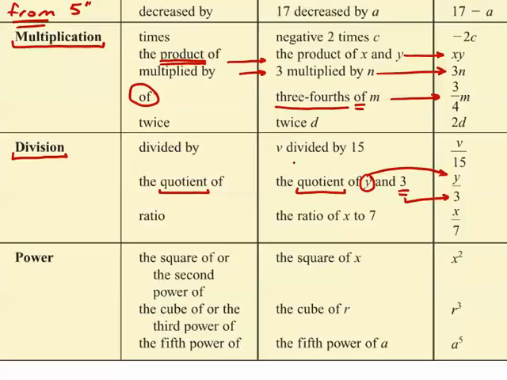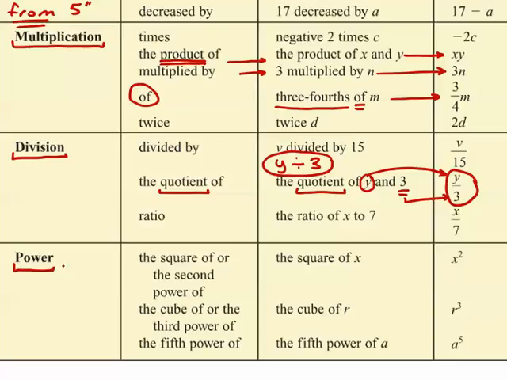Now, if you wrote this from left to right, it would be y divided by 3. Again, either way that we have written this, either y divided by 3 or as a fraction over here, they're both saying the same thing. They're both the quotient of y and 3.